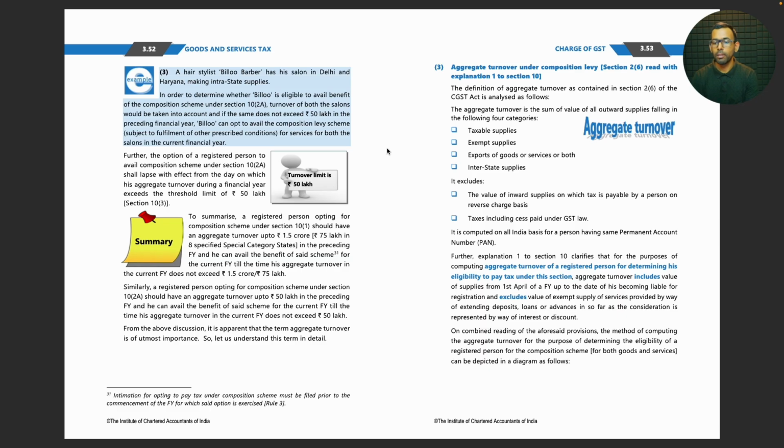It excludes the value of inward supplies on which tax is payable by a person on reverse charge basis, and also excludes the taxes paid under the GST law. It is computed on an all-India PAN basis. So if I have multiple PANs, all the PANs will be clubbed together and the limit will be checked.